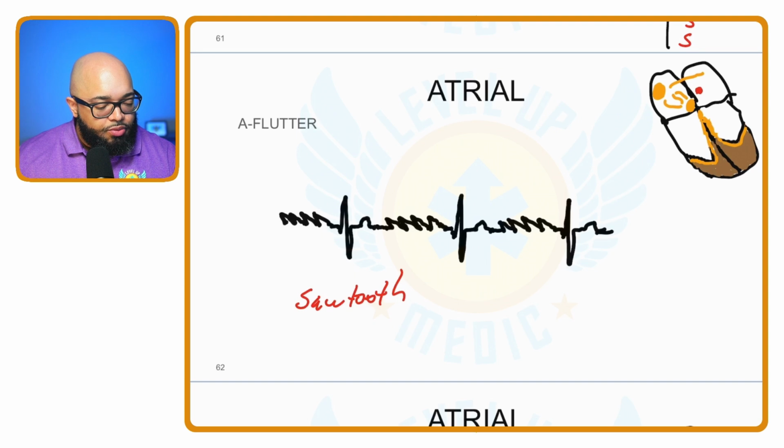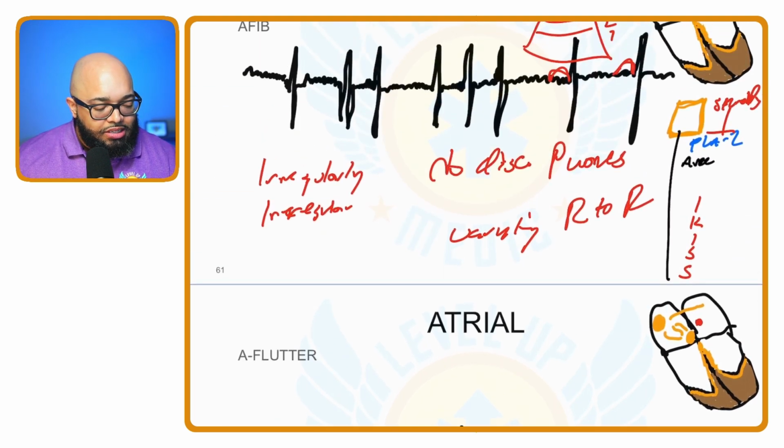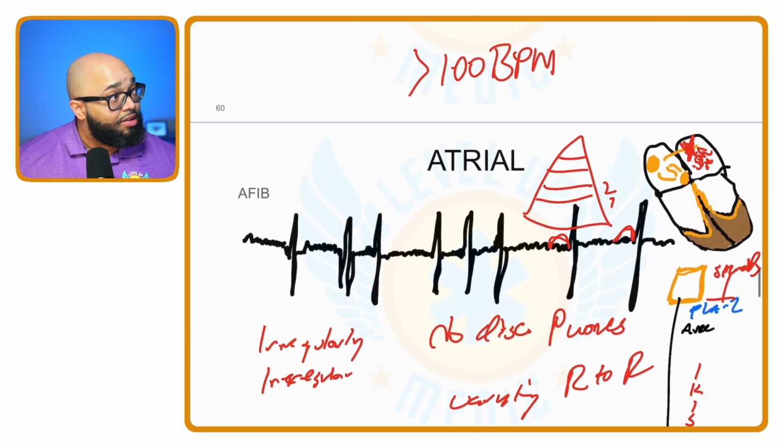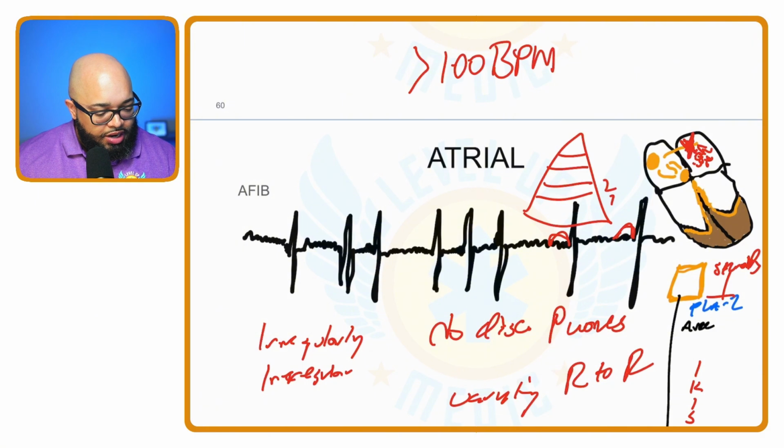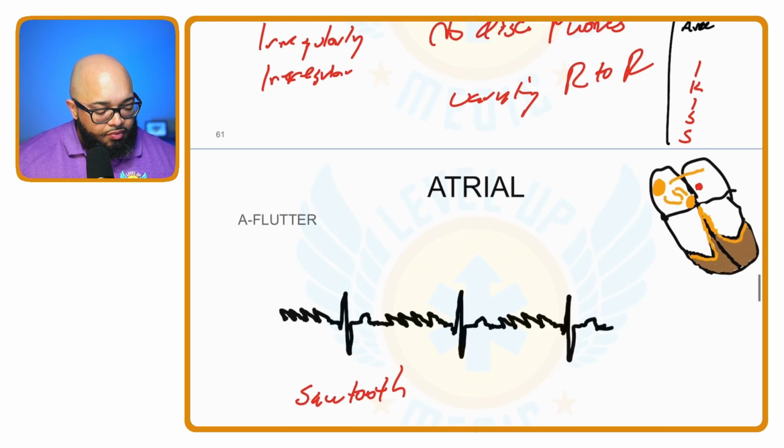And the reason we know that is, for instance, in AFib we have multiple pacemakers. Oh, you can't see that, right? So here's what I just did. I said that in AFib, we have multiple pacemakers firing, more often than not in the left atrium.